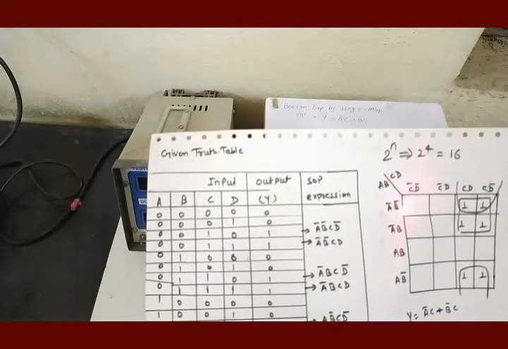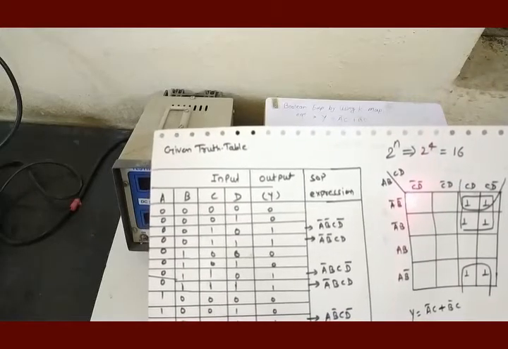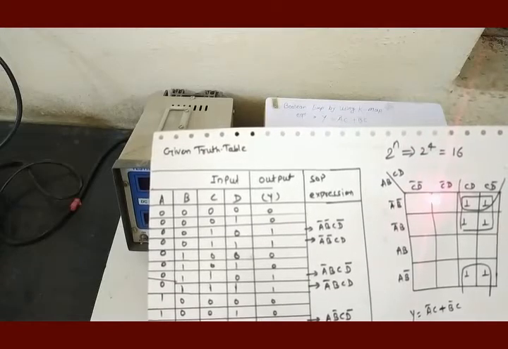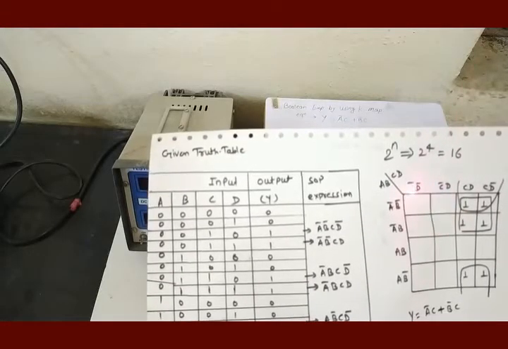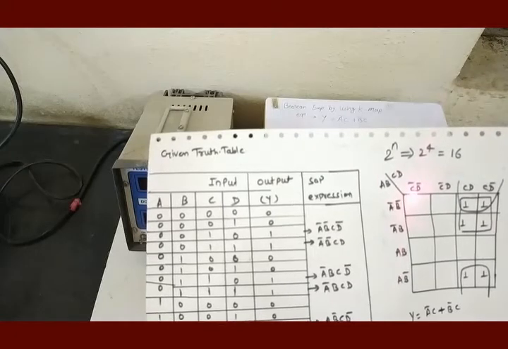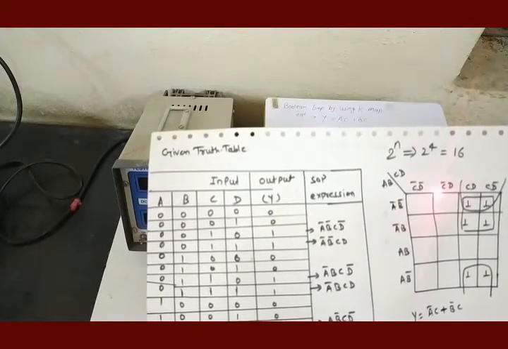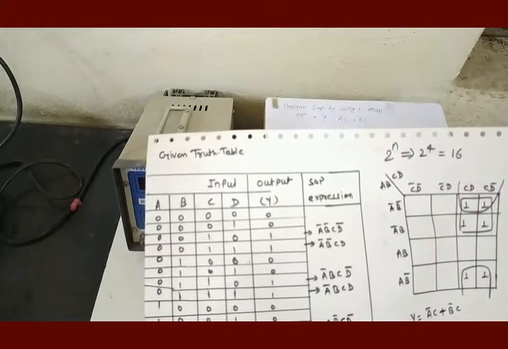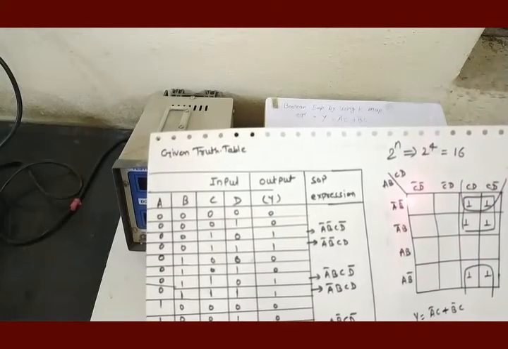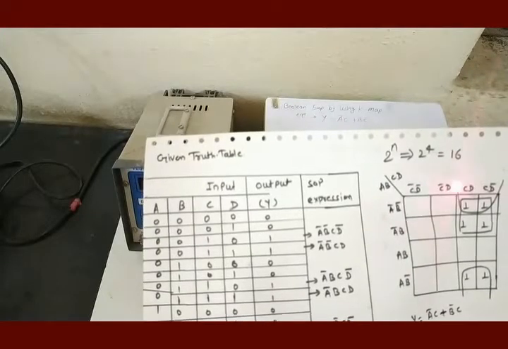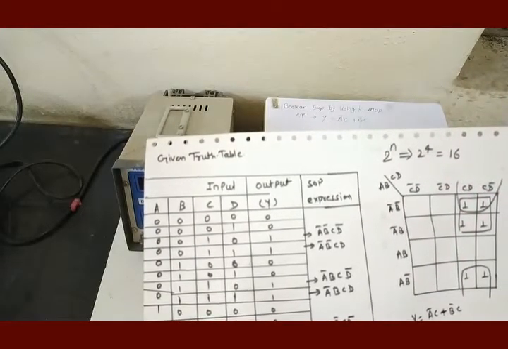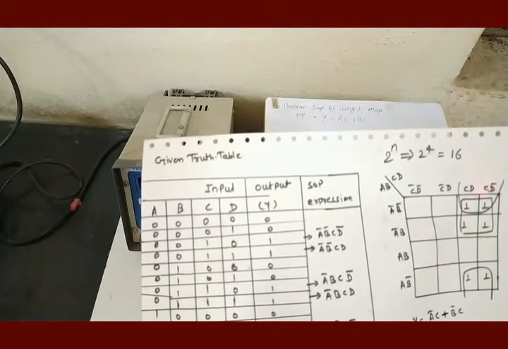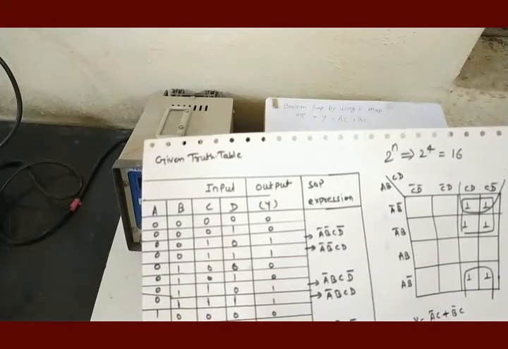For the first column, the variables used are C bar, D bar. For the second column, C bar and D. This is C and D. This is C and D bar. Or you can call this simply C bar D bar, C bar D, C D, C D bar. This is the combination of the variables column wise using the gray code number system.